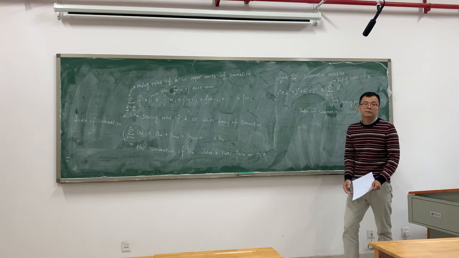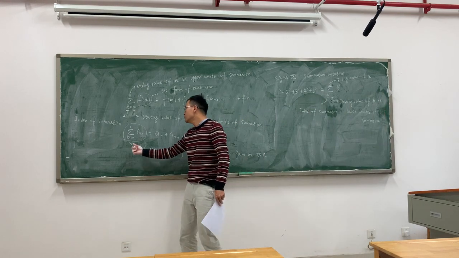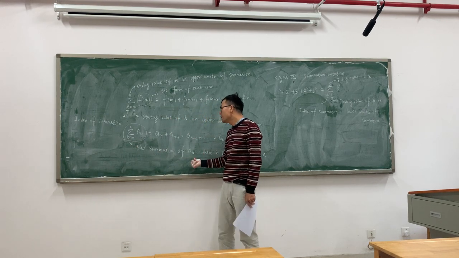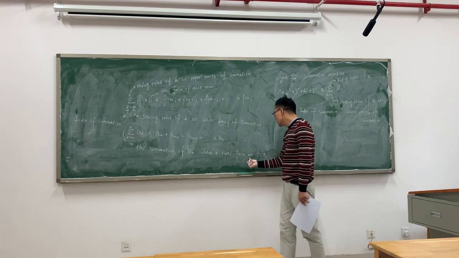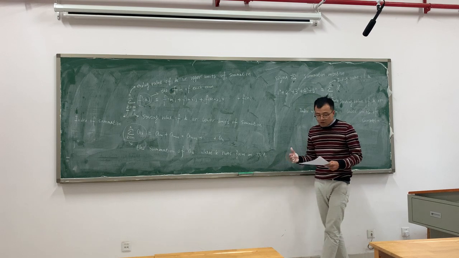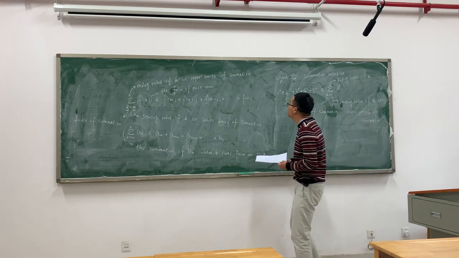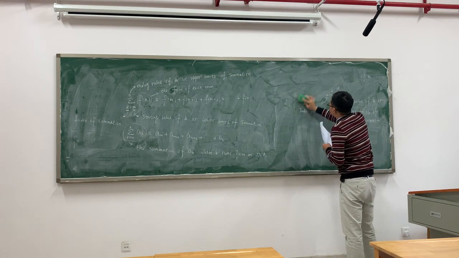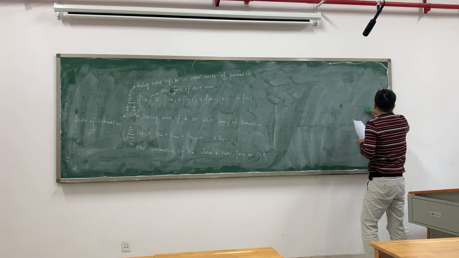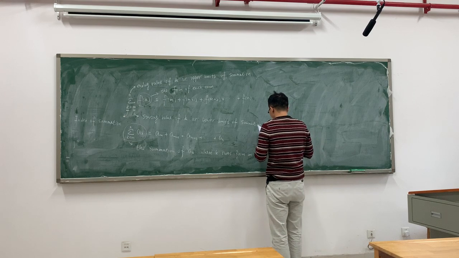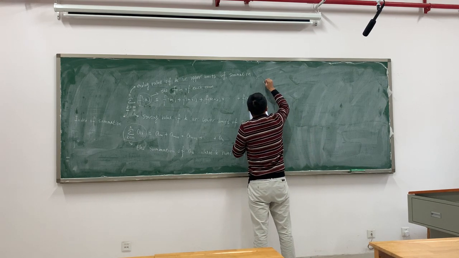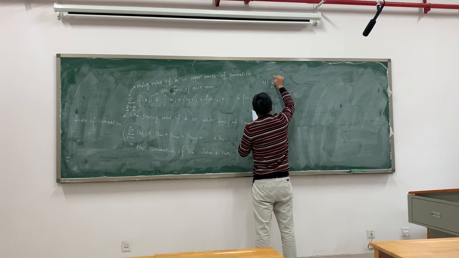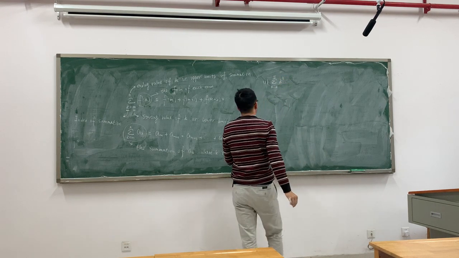So I give some examples. Sigma k equal to 4 to 8 of k cubed.